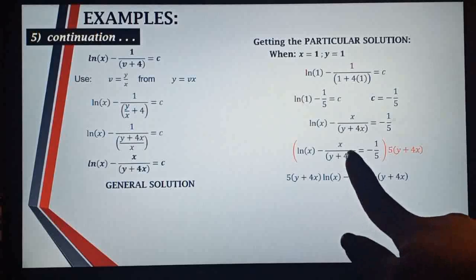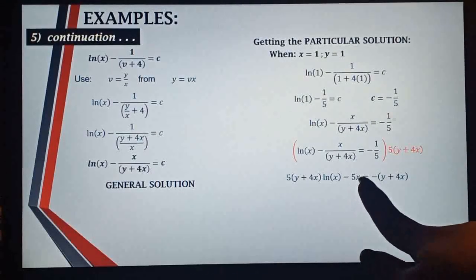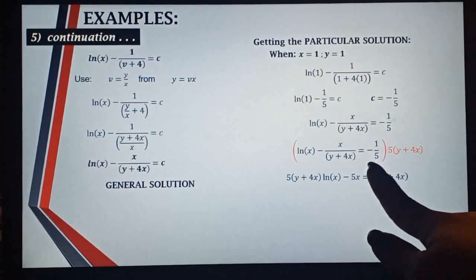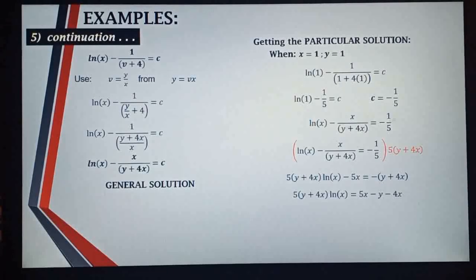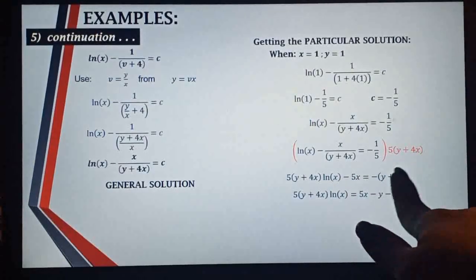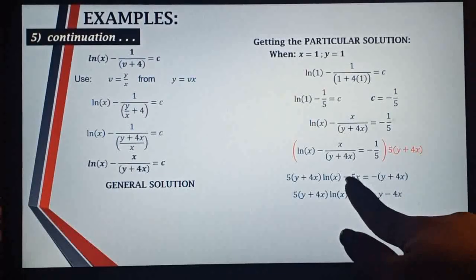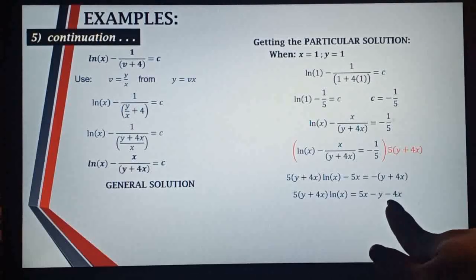So matitira is si x multiplied to 5. You will have negative 5x equals, cancel si 5. Then you will have negative y plus 4x. Tapos, ililipat natin si negative 5x sa kabila, then distributing the negative sign, you will now have 5x minus y minus 4x.